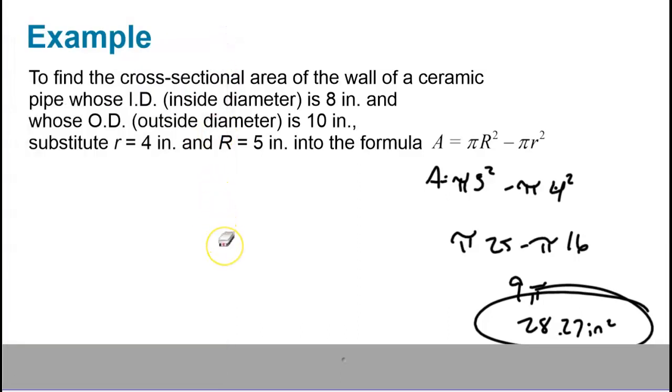And that concludes all the parts for this section and for this chapter.